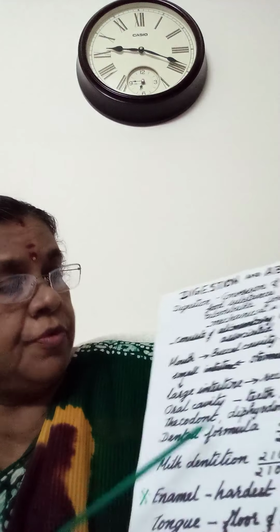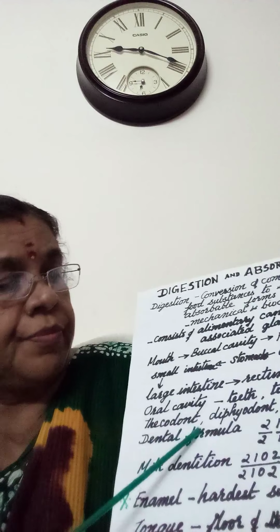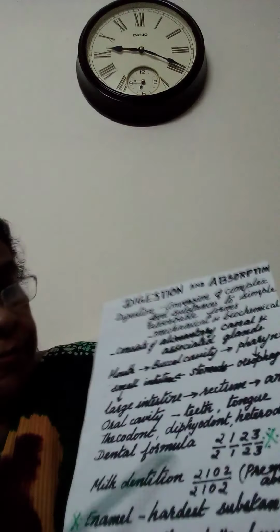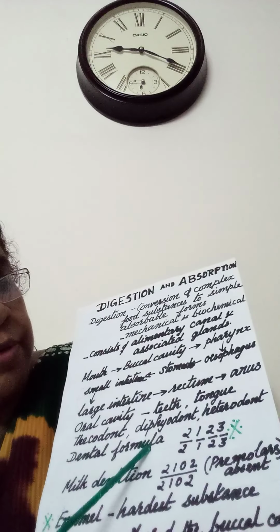Dental formula means that it is taken by each half of the upper jaw and each half of the lower jaw. The presence of teeth in each half of the upper jaw and each half of the lower jaw. Like that, dental formula is taken.